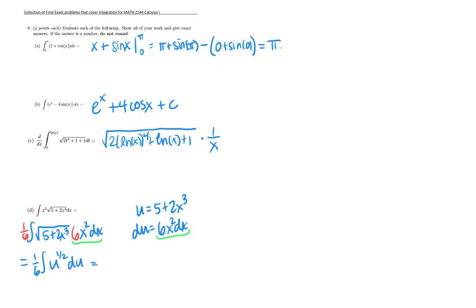When I take an antiderivative of that, the power is going to go up 1. So I'll have 1/6 times u to the 3/2 times 2/3, and then plus c. So this will be 1/9 when I simplify that. And then my u is 5 plus 2x cubed, plus c.